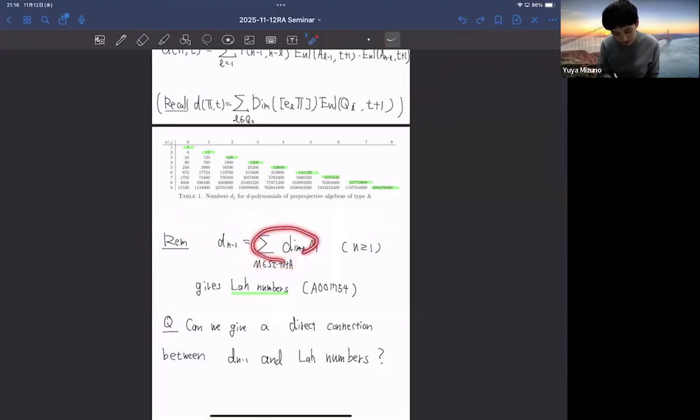This number, the green one, actually provides the Lah numbers. And we don't know why we get this number. So it's also interesting to give a direct connection between these numbers and these classical numbers. Why do we get such a connection?